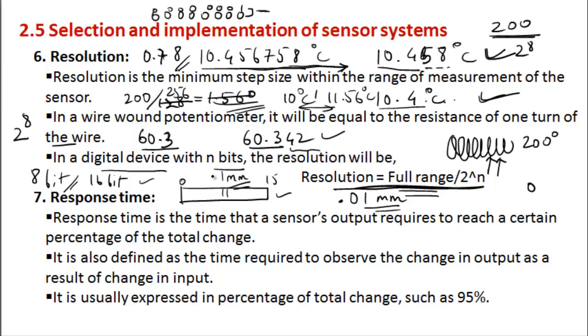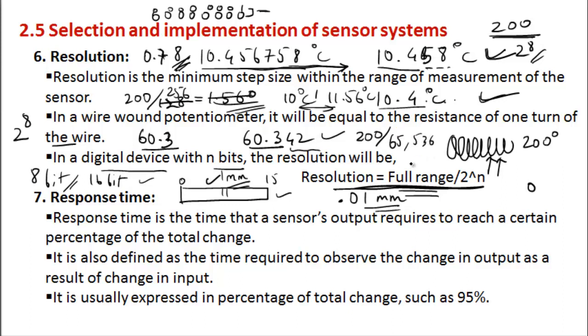Just like this scale can measure a minimum of 1 mm, this particular device, which is an 8-bit digital device, can measure something which has a difference of 0.78. Whereas when you go for a 16-bit, it is going to be 200 divided by 2 raised to the power 16, which is 65,536.